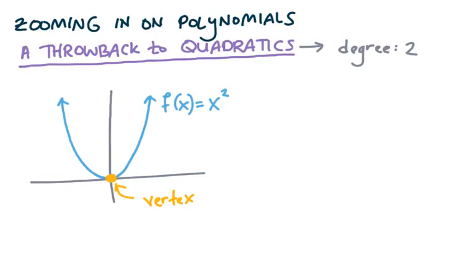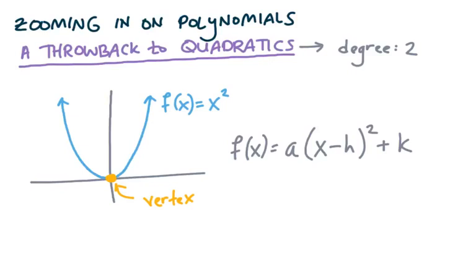So what I'm going to start by doing is writing a function that looks quadratic, but I'm going to insert a, h, and k. And you're probably recognizing a, h, and k from when we studied together transformations of functions. We have a little bit of knowledge about what a, h, and k do.